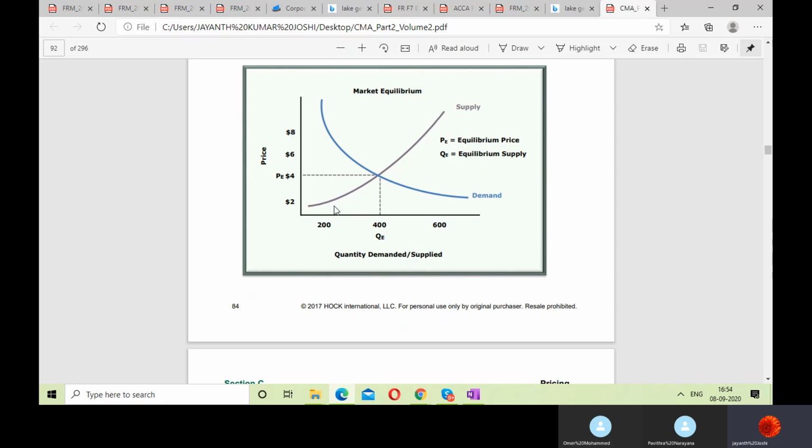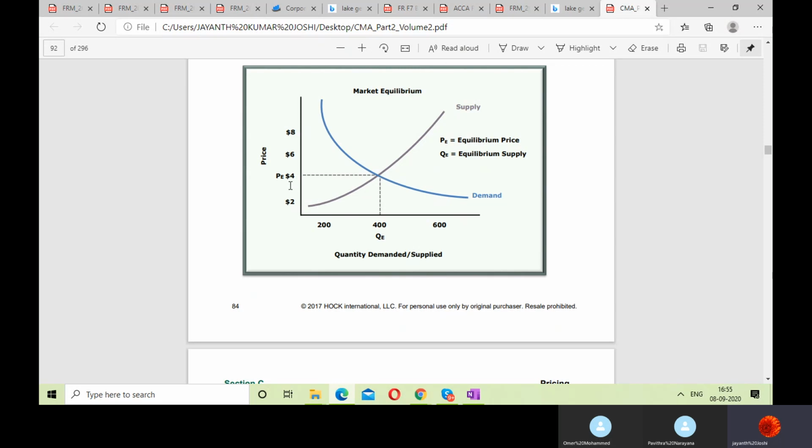For demand, when the price increases, the demand decreases, and when the price decreases, the demand increases. Suppose it is $8, what will the demand be? If I look at the demand curve, when the price is $2, the demand is 600.